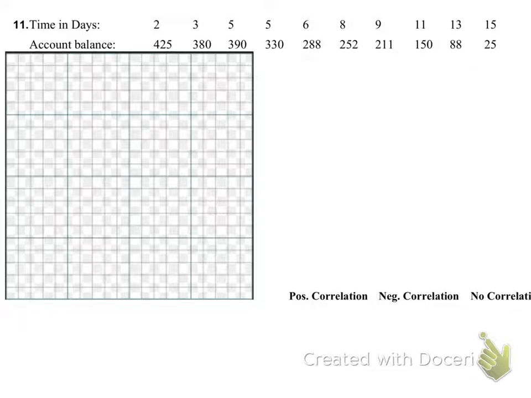You do the same thing here. So this would be my X, this would be my Y. I know there's 20 lines, so I'm going to take 15, which is my biggest number, divided by 20. And that's going to be 0.75. So I probably round that to 0.8. You could probably round that to 1 if you'd wanted to.